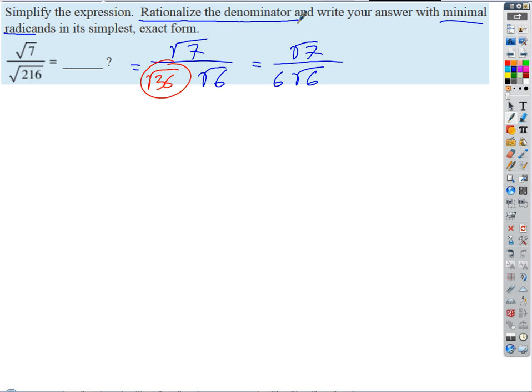When I'm done, if I put it in a calculator, should that decimal be the same? Yeah, it better be, right? Because all we're trying to do is just write this in a simpler form. The value needs to stay the same. It's equivalent to changing decimals to fractions. The numbers stay the same, but just the way it's written is different, right? Okay, so we can't change the value, we have to just change the way it's written.